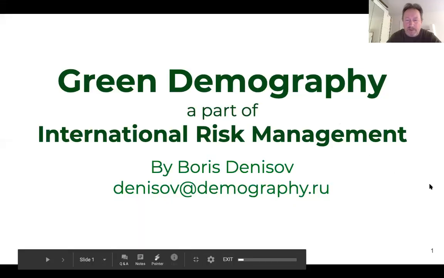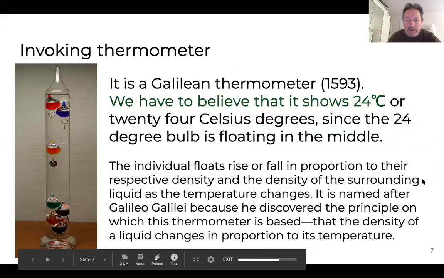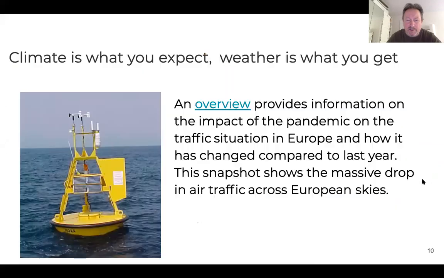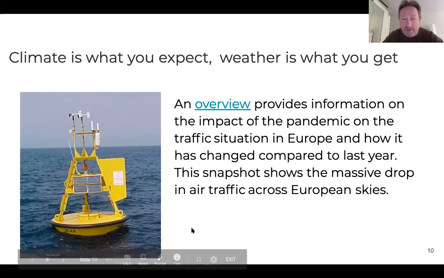So again, to that same place. We saw the difference in air traffic, and this is a buoy. A buoy measures a temperature near the surface of the ocean, and each plane has a lot of temperature indicators.